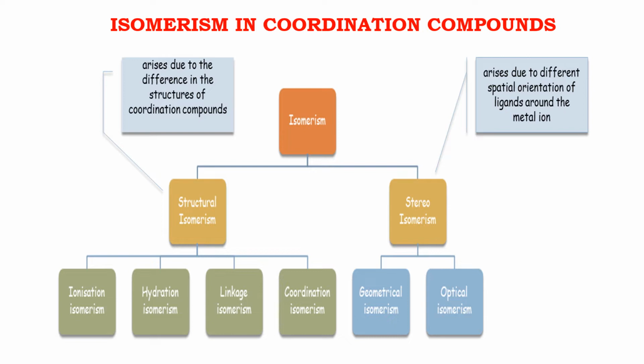So, we start our discussion with isomerism exhibited by coordination compounds. We know what isomerism is: isomerism is defined as the phenomenon by which two or more molecules have the same molecular formula but different structural and spatial arrangements.